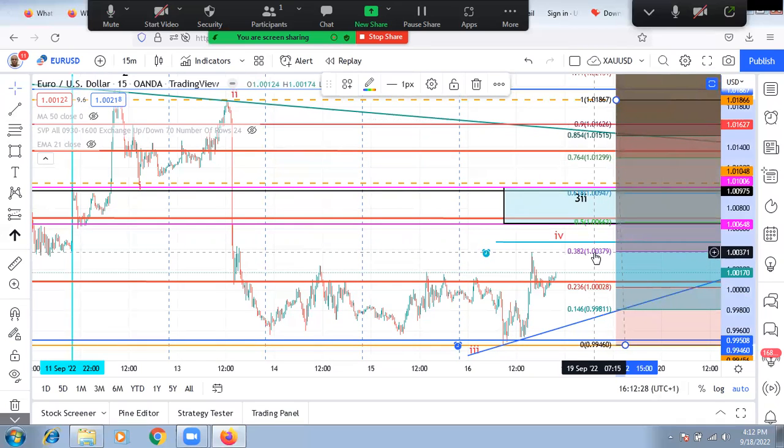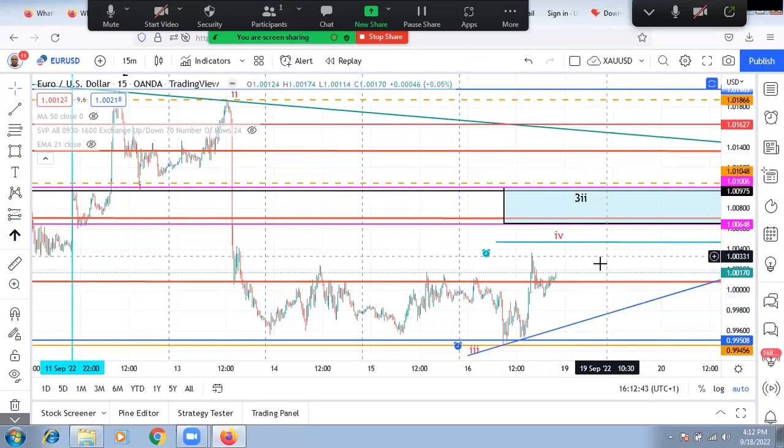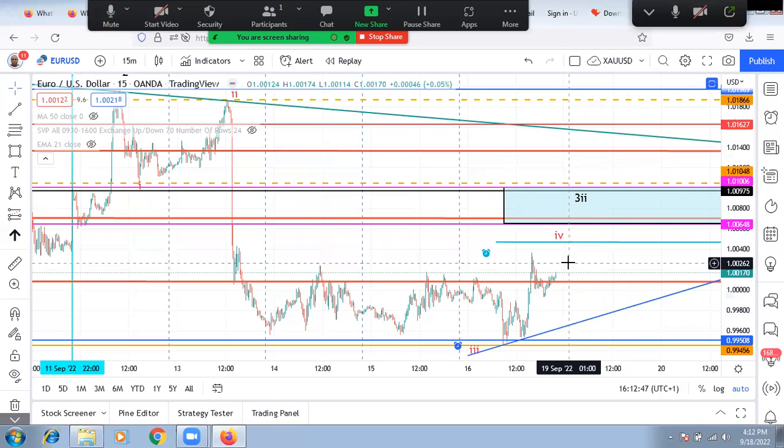Price has touched 38. And is this thing now done? That is what we need to see. What I'm thinking is that price may first complete, because wave 5 is not completed here. We've not done wave 5.